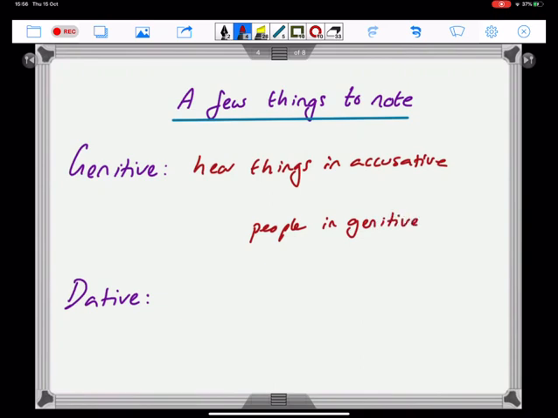And the idea behind this is that you're really hearing the voice of someone. You're not hearing them clattering around a room. You're probably hearing them speak to you. In Greek, that'll end up looking like this. Akouo, I hear, ton logon, the word or message.